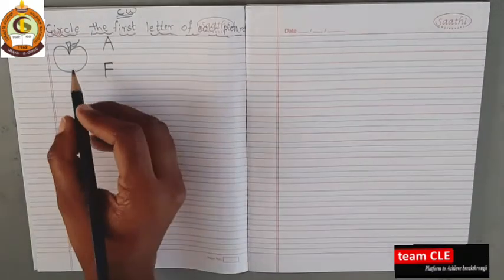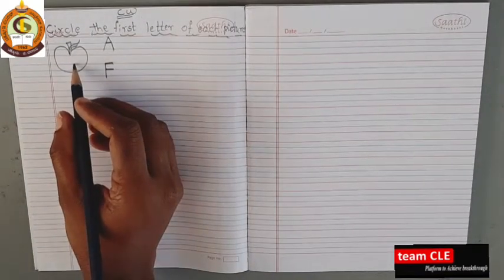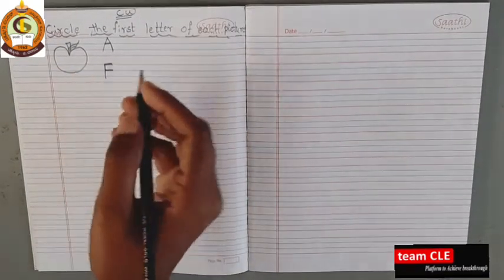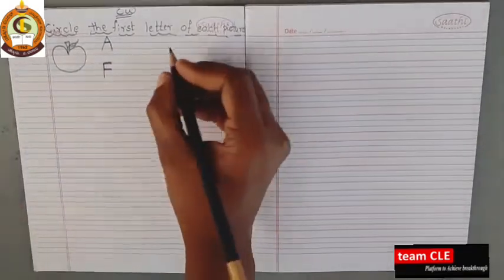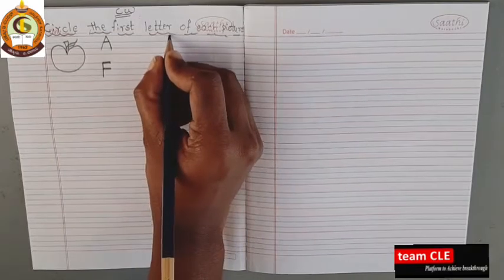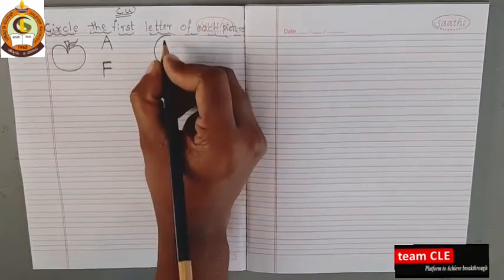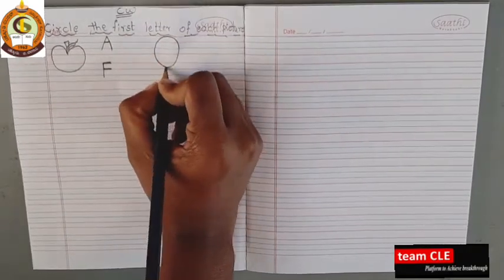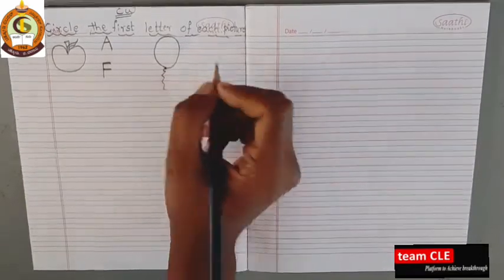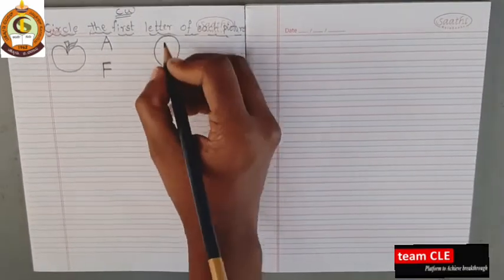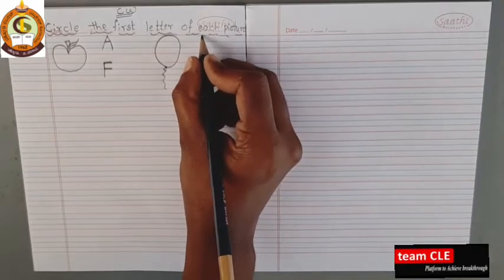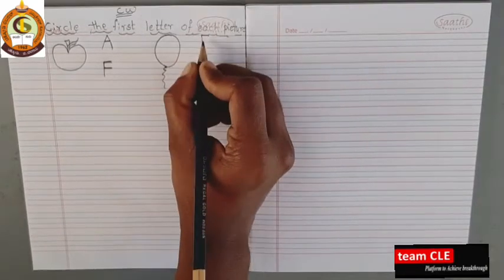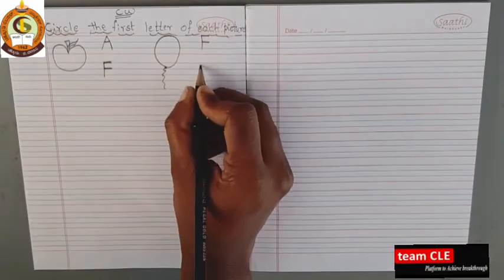Draw the apple picture and write here A and F. Next picture, draw a balloon. Tell your parents to draw and give the pictures. And here write F, B.